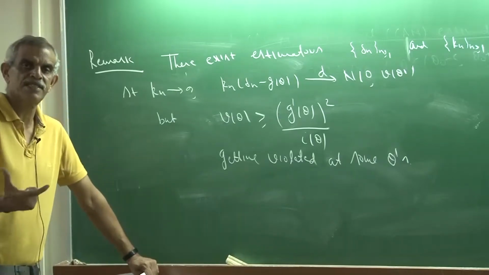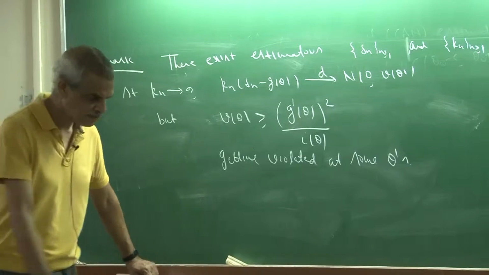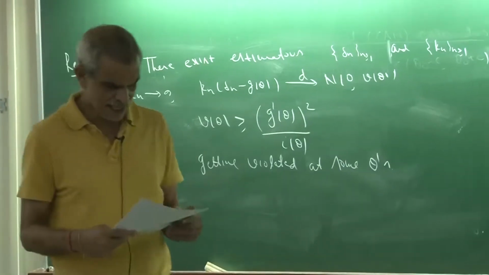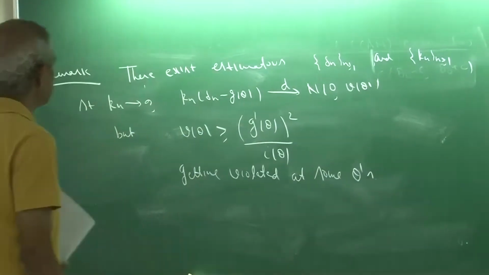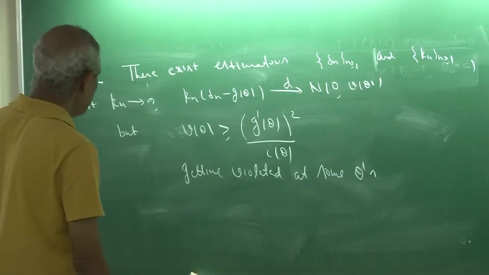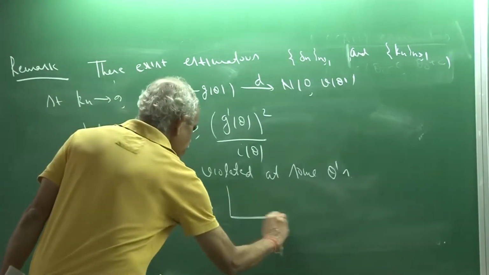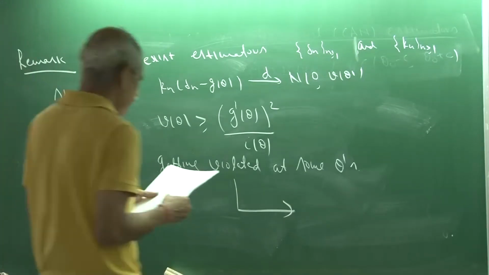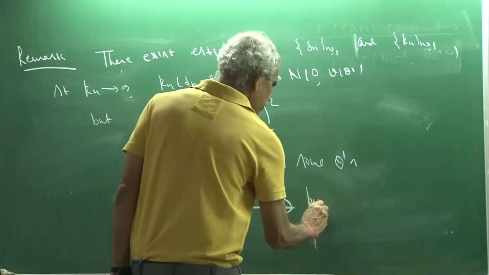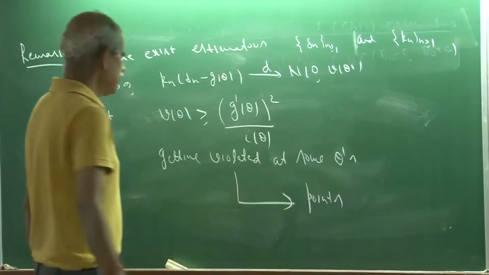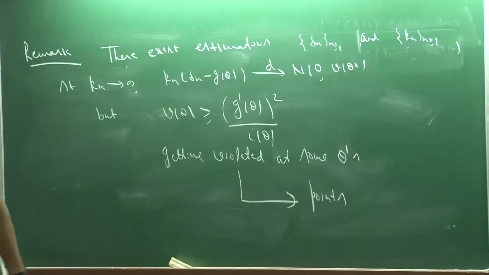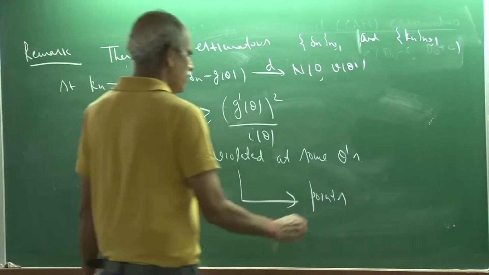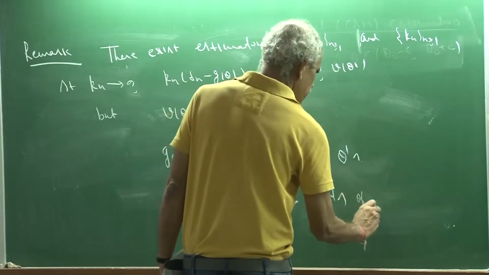Or in other words, that set cannot contain any interval. We'll see that next time, but let me tell you the points where it gets violated are called points of superefficiency. Such points where this gets violated, which although have Lebesgue measure 0, are called points of superefficiency.